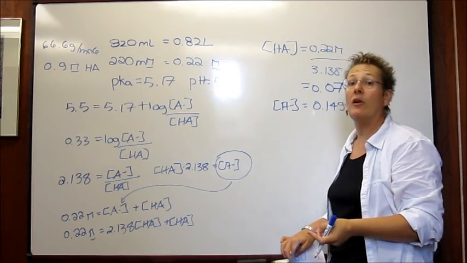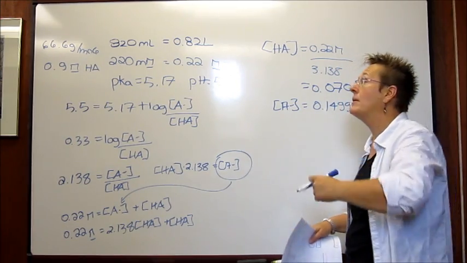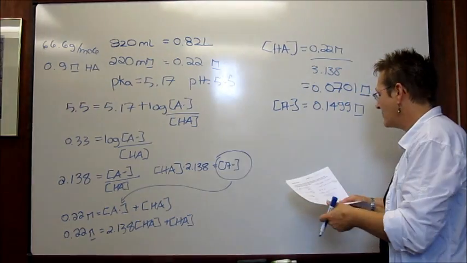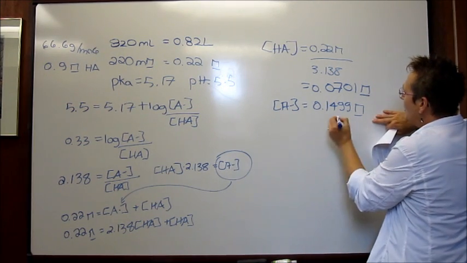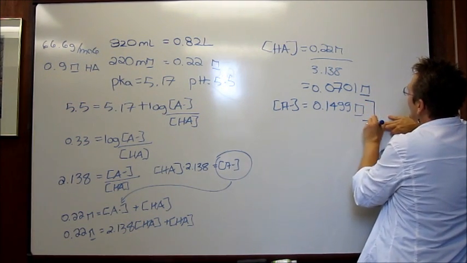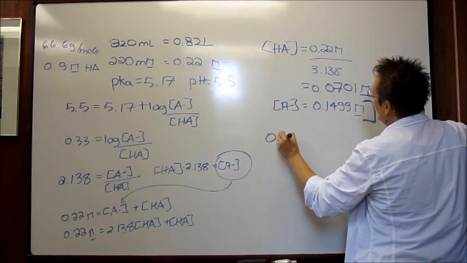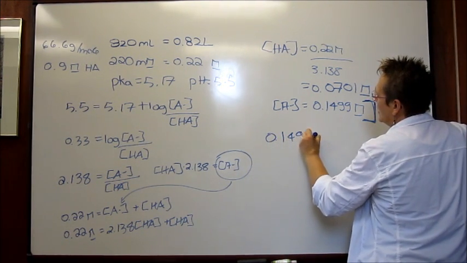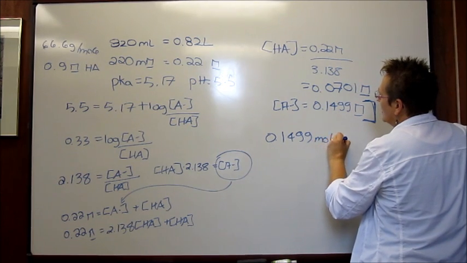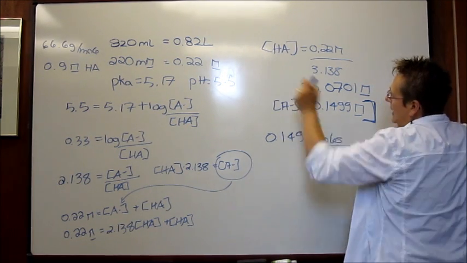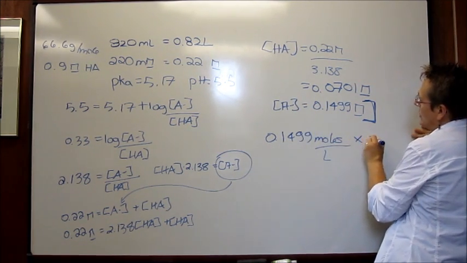Now I have to figure out how many grams I have to weigh out and how many mils of the weak acid I have to measure out. Let's start with the conjugate base, which is a salt in this case. I have 0.1499 moles per liter, but I'm only making 0.82 liters.